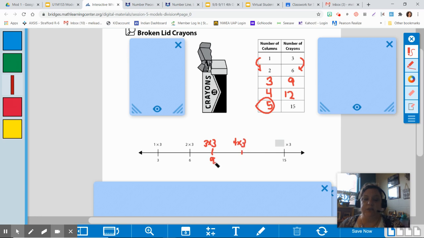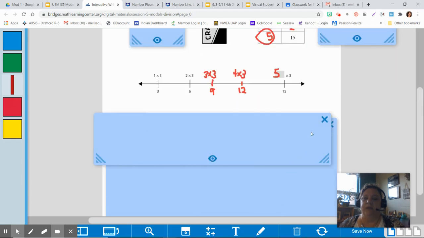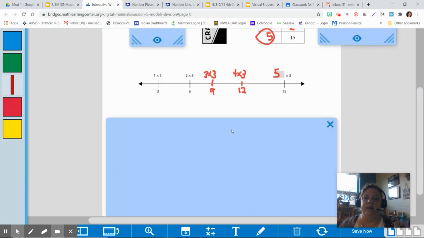And 4 times 3 is 9 plus 3, 12. So look at our pattern so far. We've got 1 times 3, 2 times 3, 3 times 3, 4 times 3. So this would be 5 times 3, right? Yeah. Awesome.